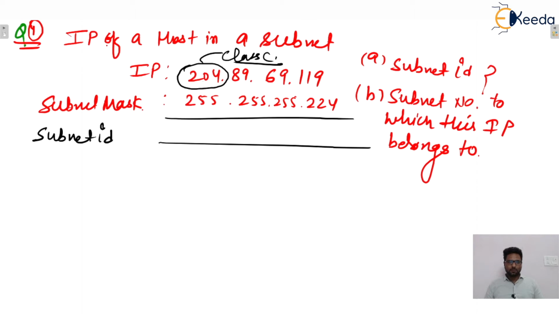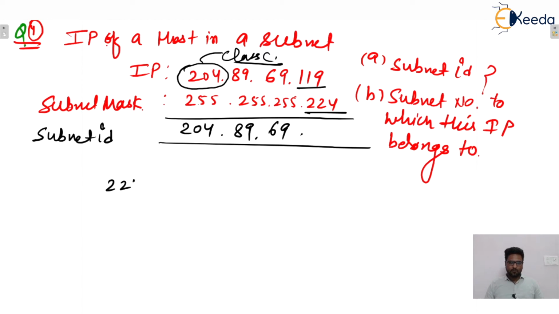So 255 bitwise AND with 204 will be 204. This will be 89. This will be 69. In the last lecture I explained that anything bitwise AND with 255 will be the same. Now this one is different, 119 and 224.